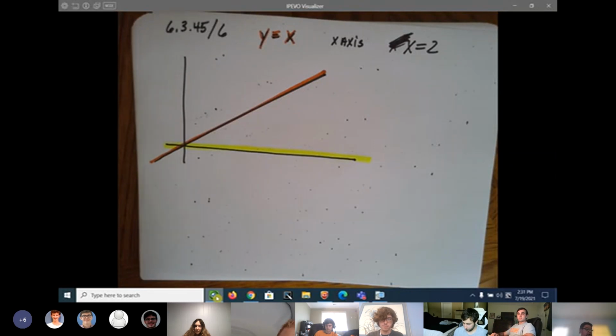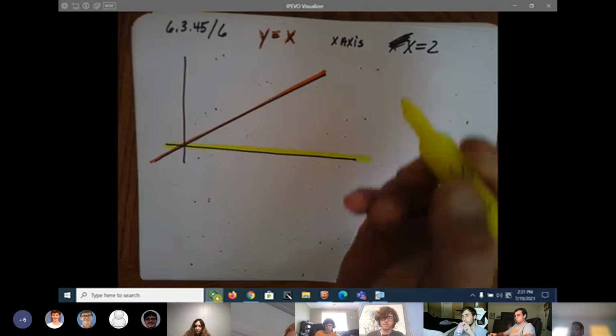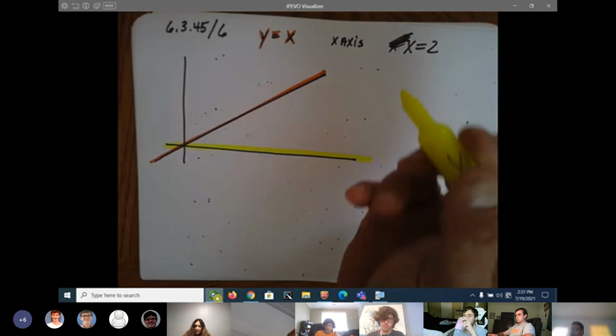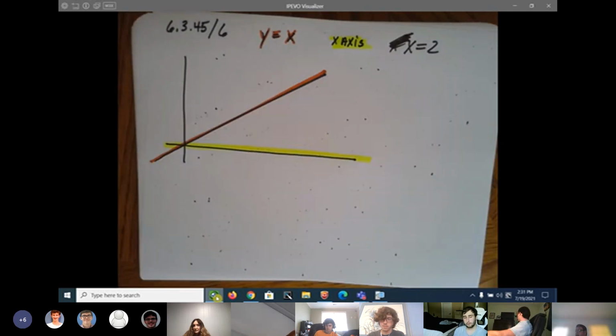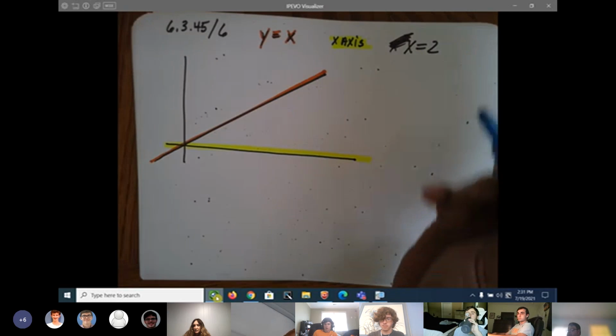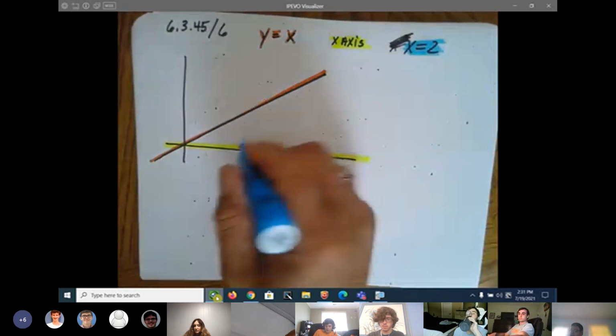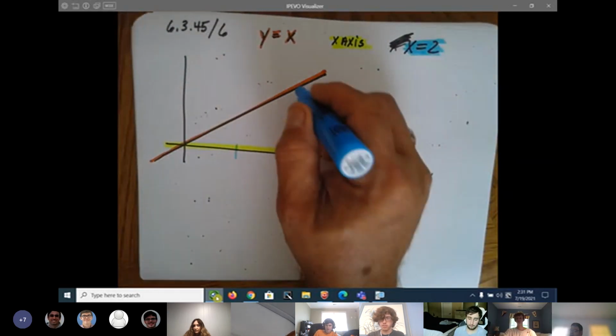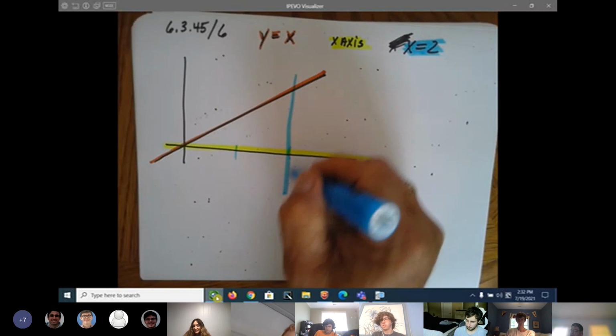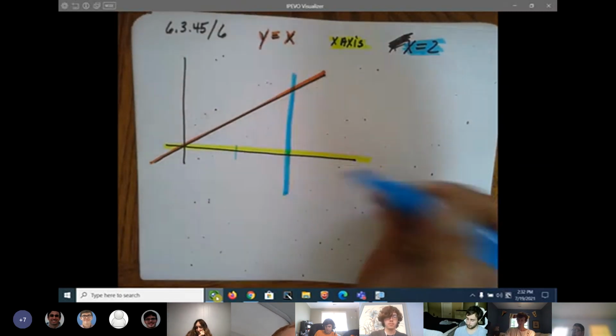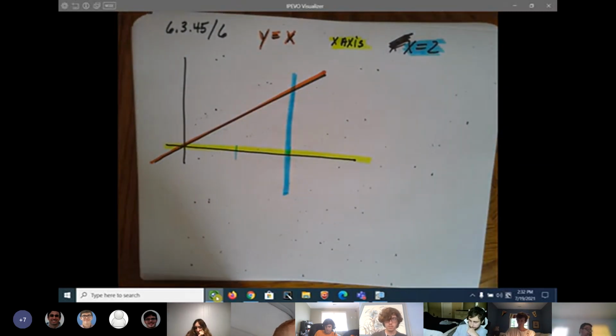So x-axis is yellow. Bring in the blue. X is equal to 2. There you go.